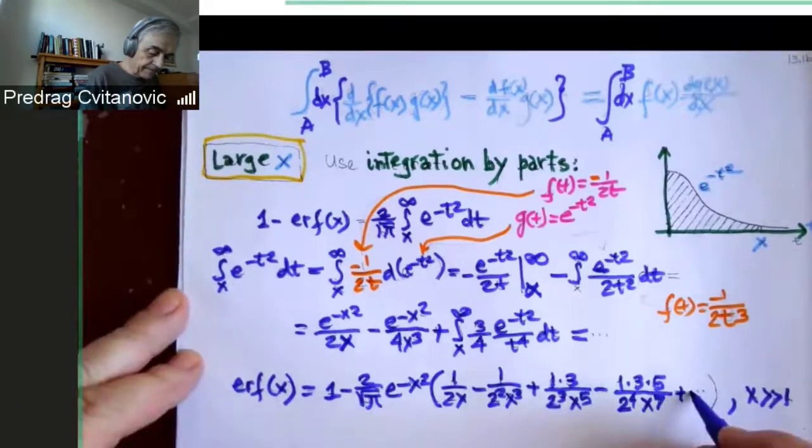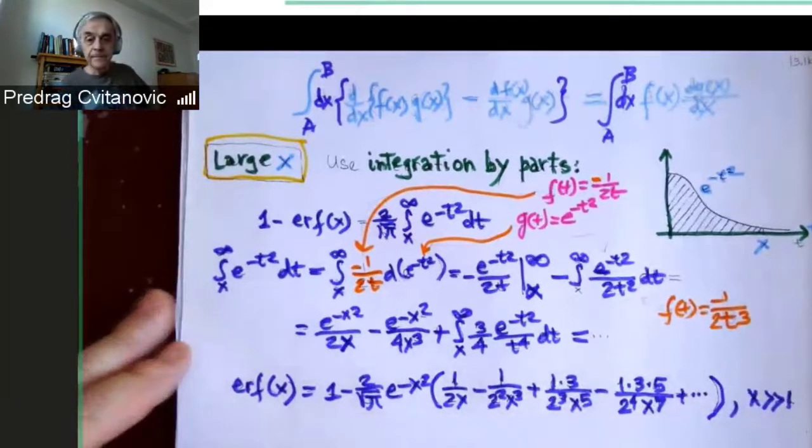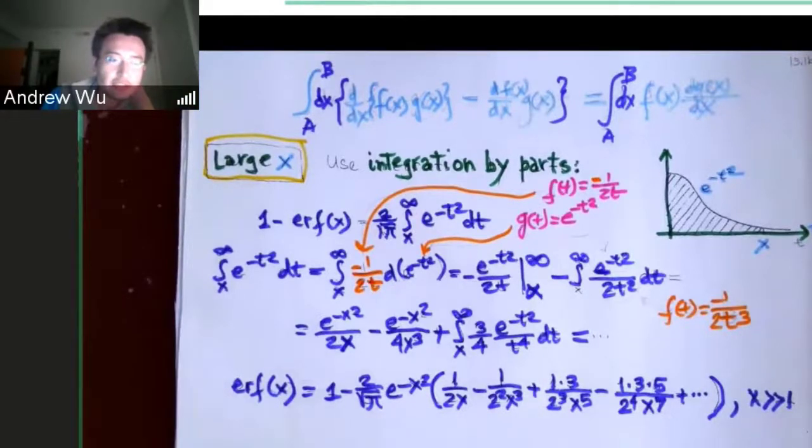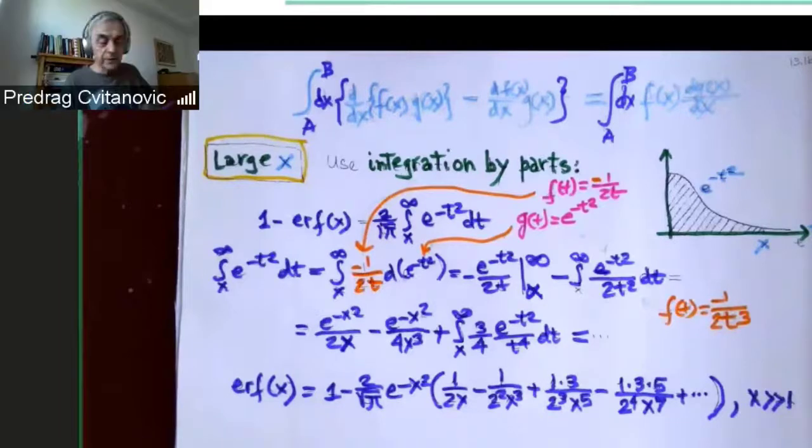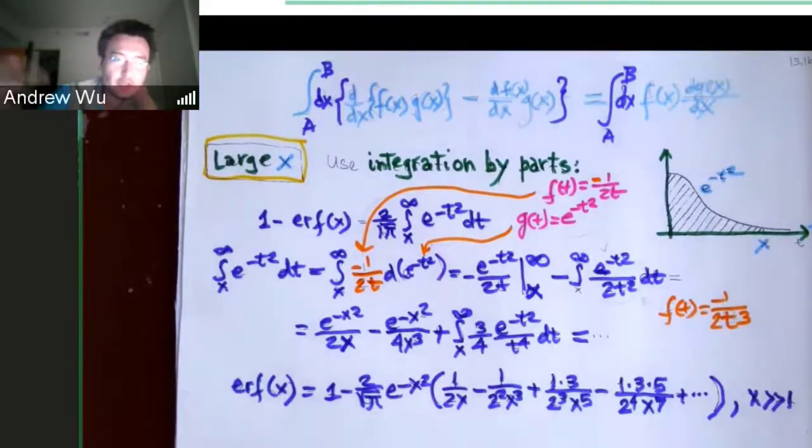So actually, the tabular method for integration by parts, I really like it. It's really convenient. Do you know about that? What do you call it? Tabular method? Tabular method. Basically, you just write your f and then your g, and you take derivatives of them until the terms disappear, and then you combine the terms in such a way that you get all the terms.